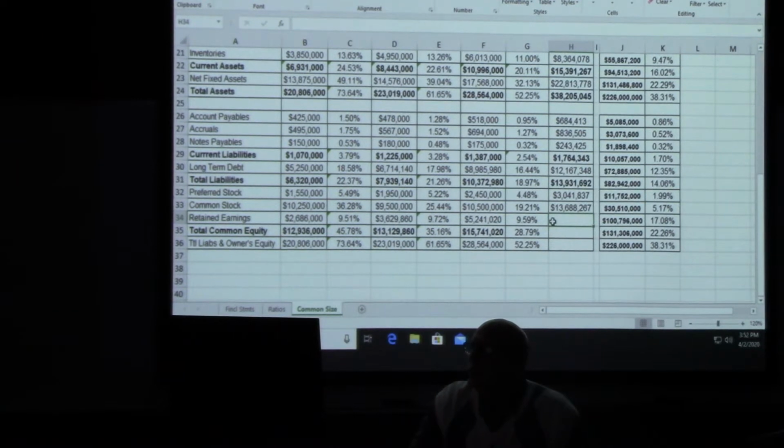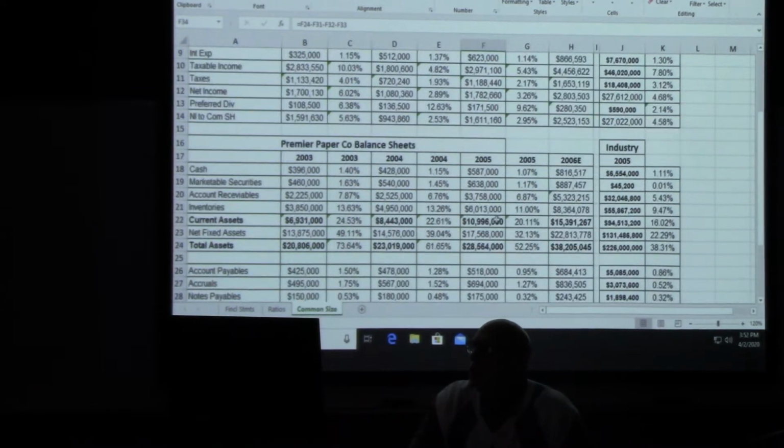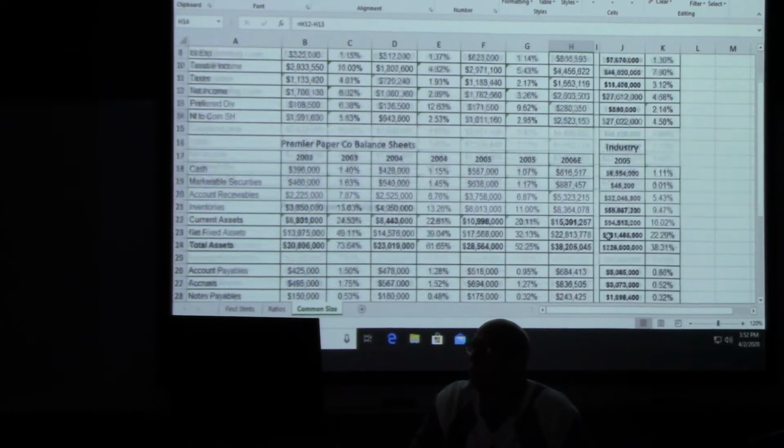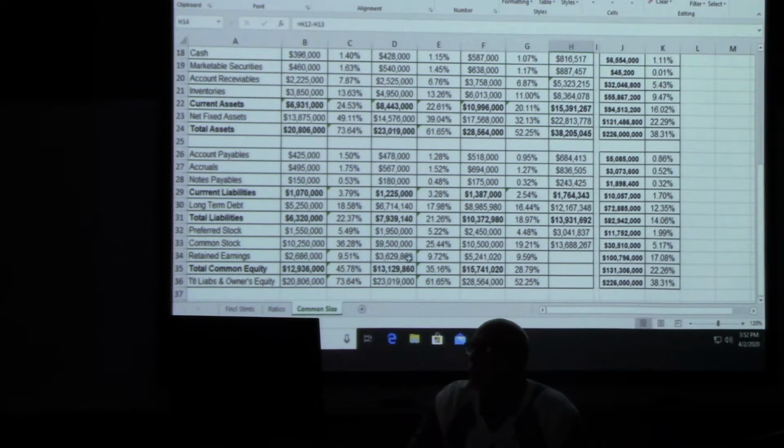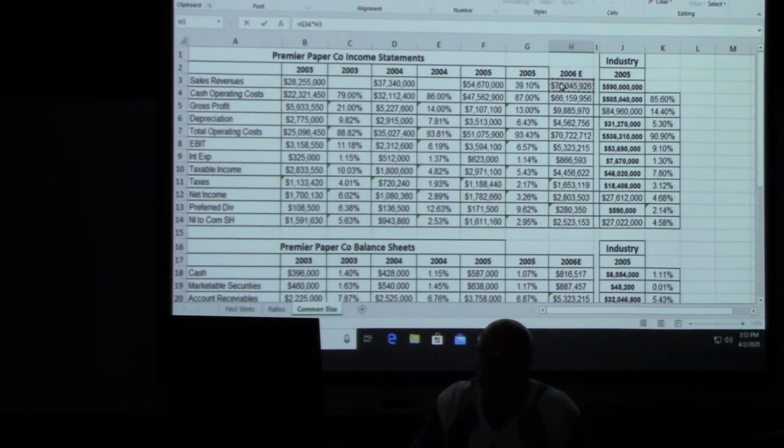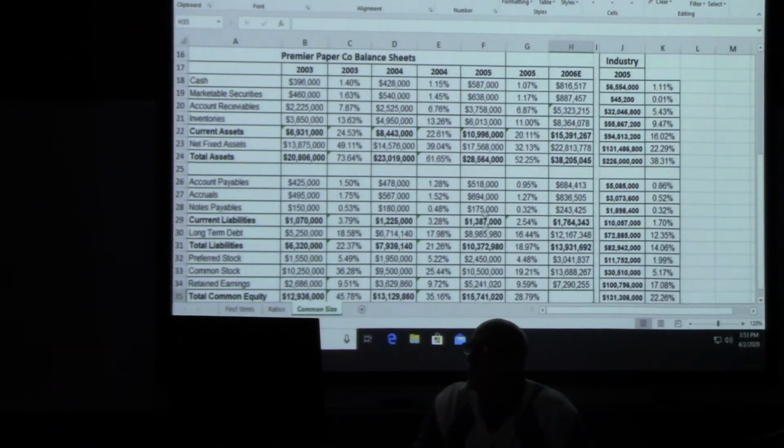And retained earnings, our retained earnings really should be that plus that. But let's see, it's been dropping down, 9.51 is, well, let's leave it here and call it equals that times our sales number of that.